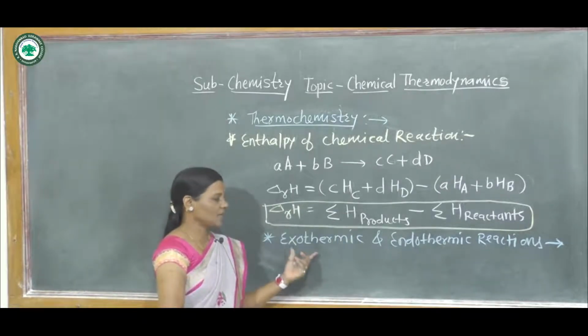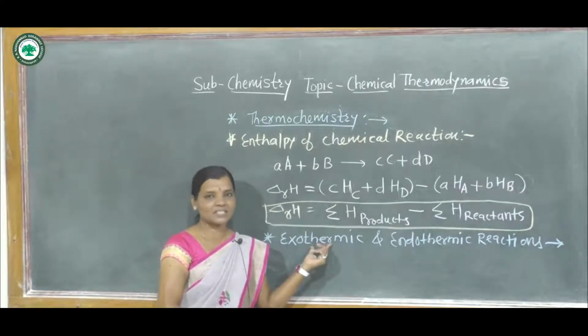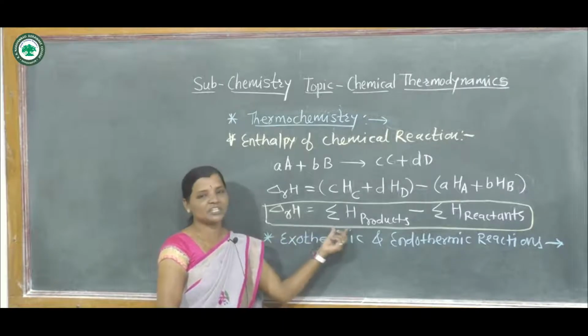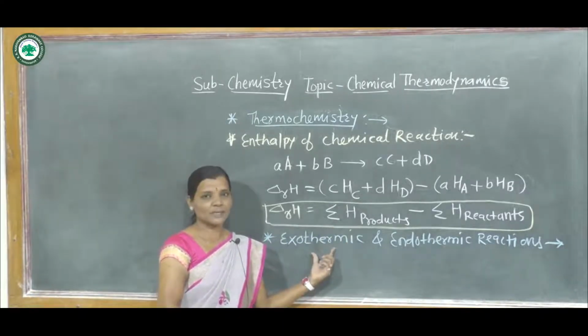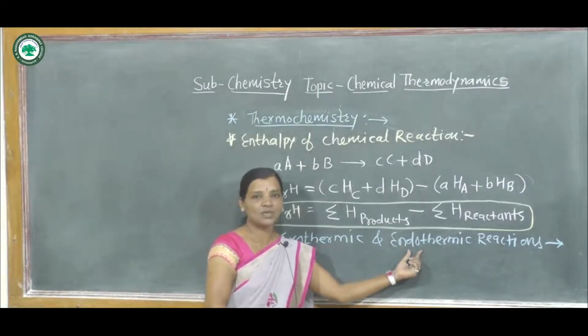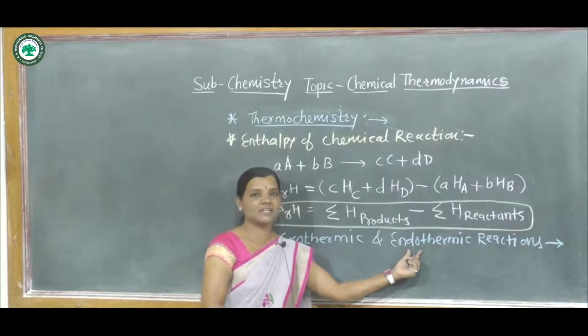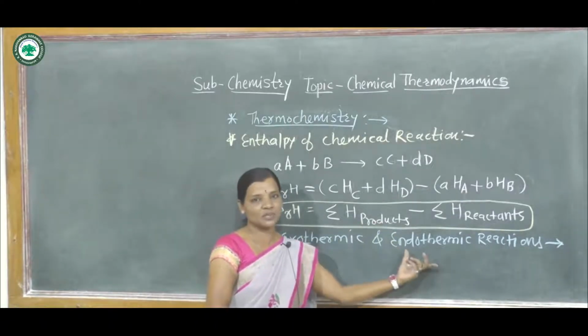Now in case of exothermic reaction, as heat is released by the system to its surrounding, the enthalpy change for the reaction is always negative. For endothermic reaction, heat is absorbed by the system, and hence the enthalpy change for the chemical reaction is positive.